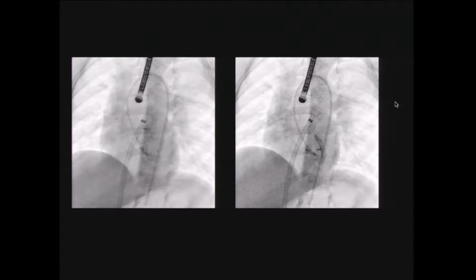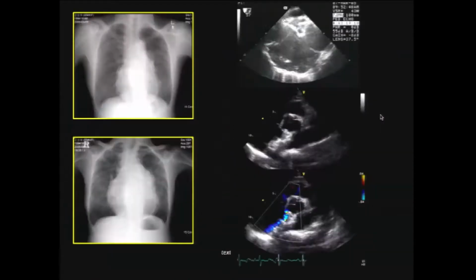This is an embolized case, embolized to the LA and to the LV. And I would like to show you one case of erosion. The above one is before device closure, and the one below is 2 months after, when the heart is bigger.